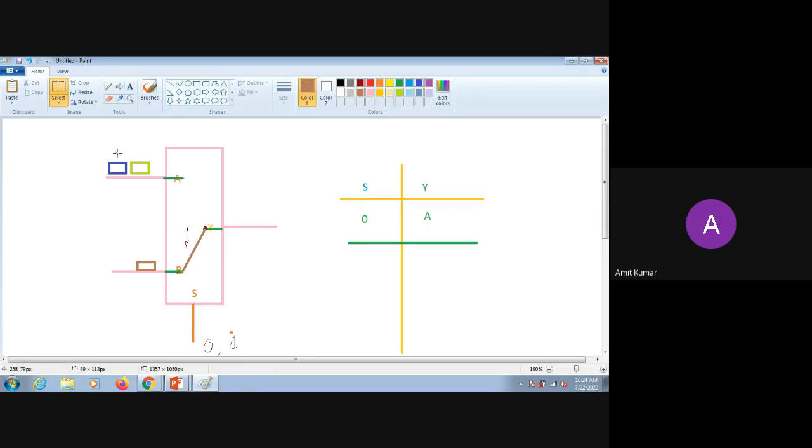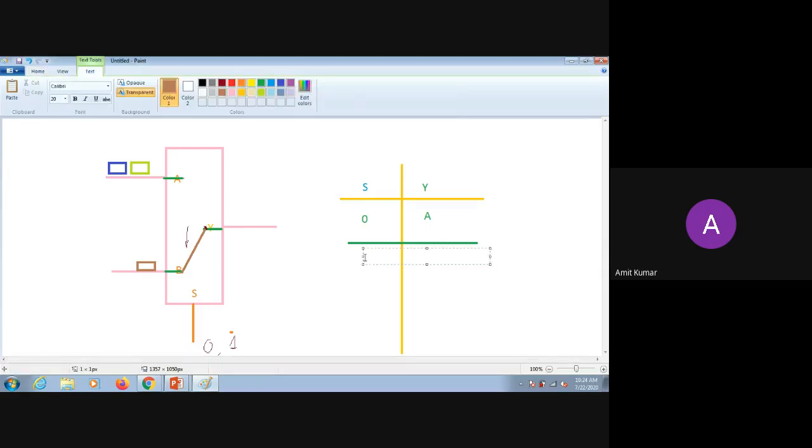Whatever cars are available at B can pass through this bridge, so they will be available at the output. So if you apply 1, it will be B available at your output.